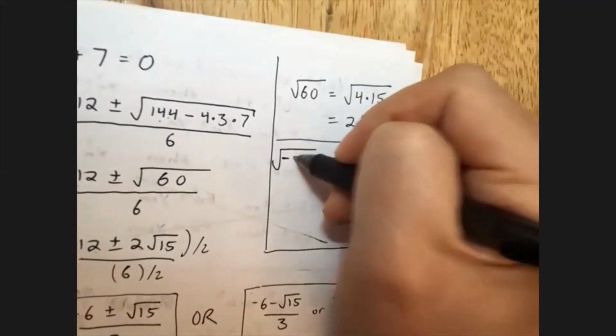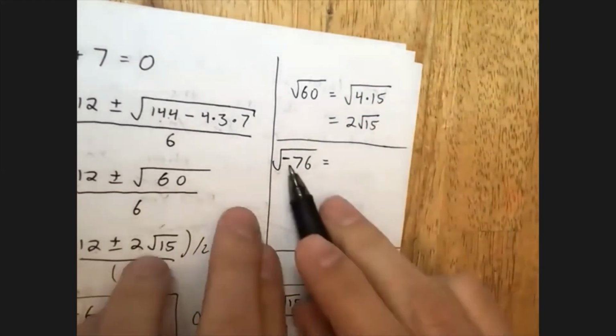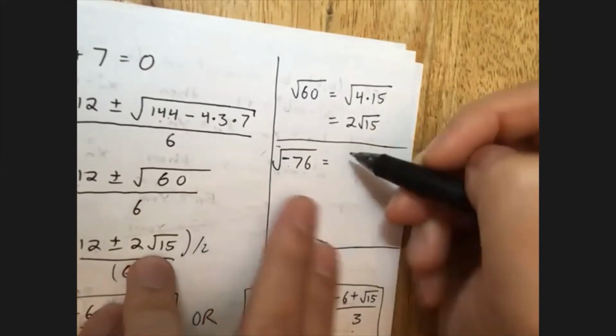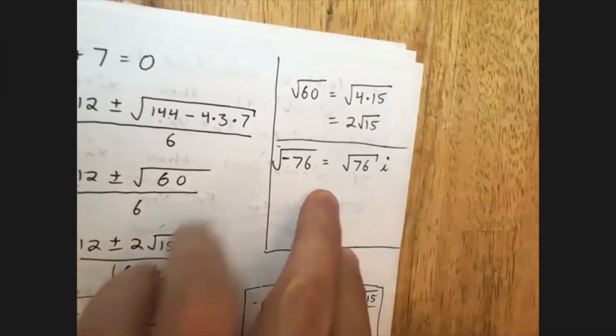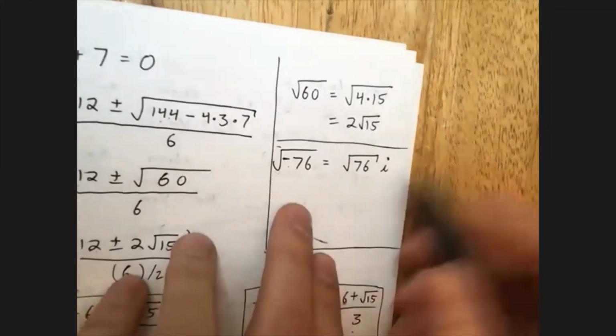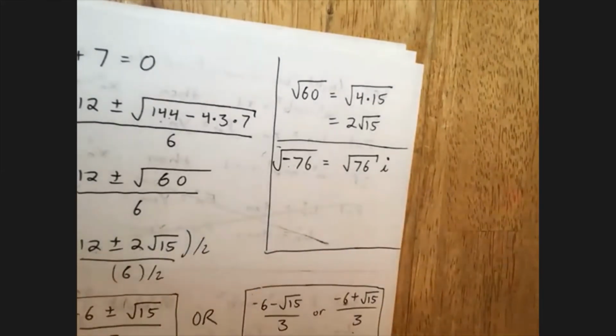Root negative 76. Well, we know that when we have a negative inside the square root, it comes out as i. So this is root 76 times i. This is going to be a complex number, an imaginary number. Now, can I factor out a perfect square here? Well, 76 is divisible by 2. In fact, it's exactly twice 38.